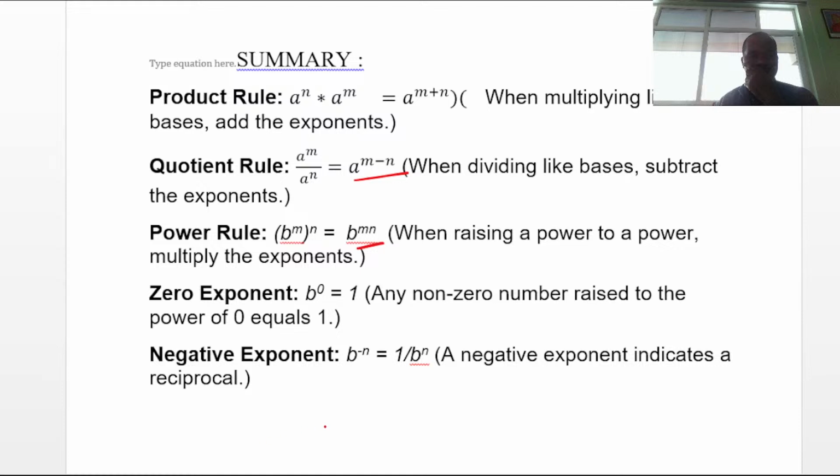Zero exponents, this is when you have any non-zero number raised to the power of 0, and the answer is going to be equal to 1. And negative exponents, we are just talking of reciprocals. So b power negative n is going to be 1 over b power n. So this is a summary of the entire 3 lectures we covered up to this point, dear students.